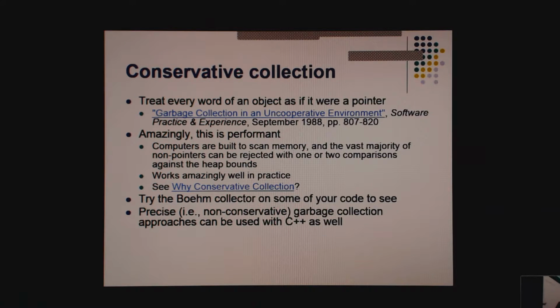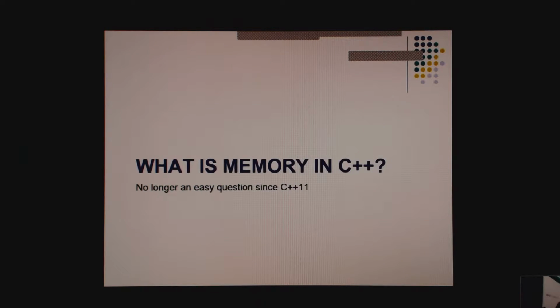So here are some links on it. And again, I'd recommend you try it on your own code and see how it works for you. There are all kinds of amazing optimizations. There are also non-conservative precise collectors, there are moving collectors, there's all sorts of things. I could give a whole talk on garbage collection.